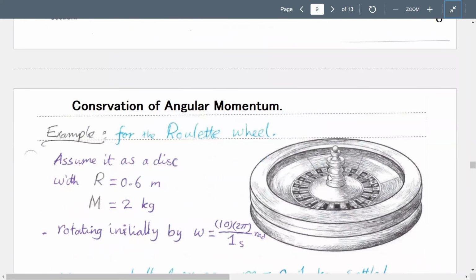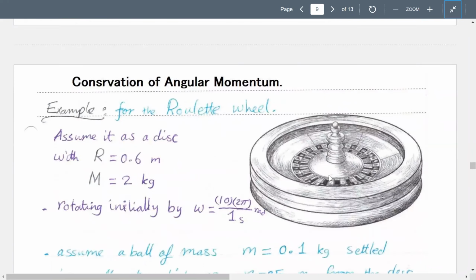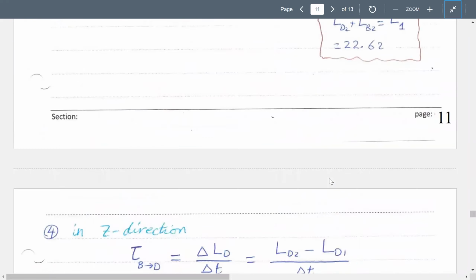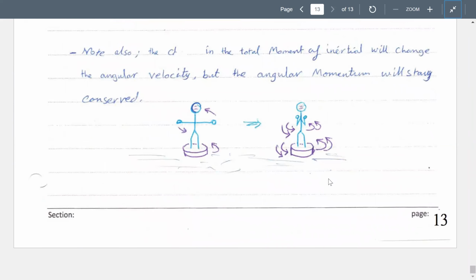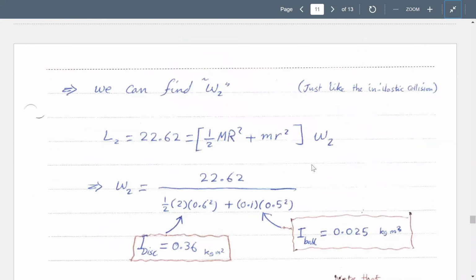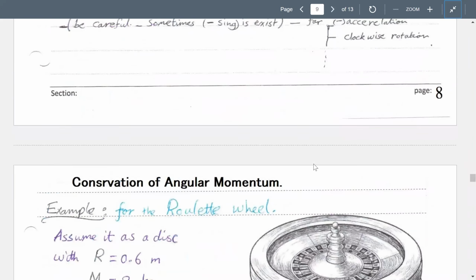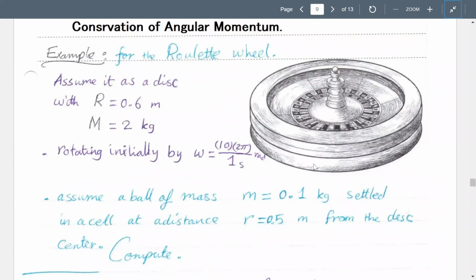Now we have this long example. We are on page 7, and this example has 4 pages to solve it, okay? But I think it contains everything. Also, by doing this example, we finish our lecture today. We have this roulette wheel, okay?